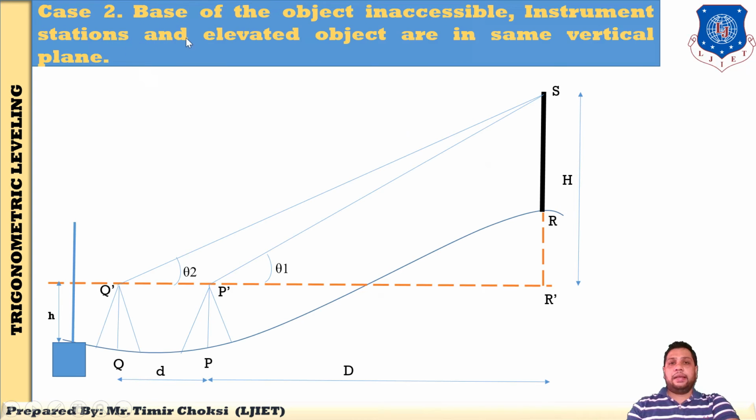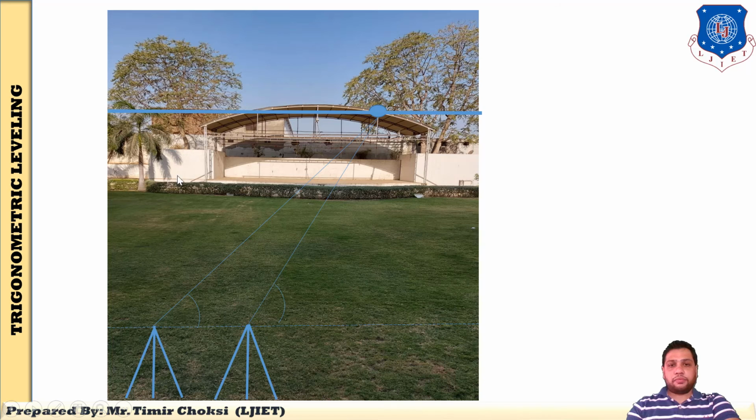Now the second case: base of the object is inaccessible, and the instrument station and elevated object are in the same vertical plane. Here you have to find the elevation of this object. Here is the LJ campus. You have to find this object, but the base is not accessible.